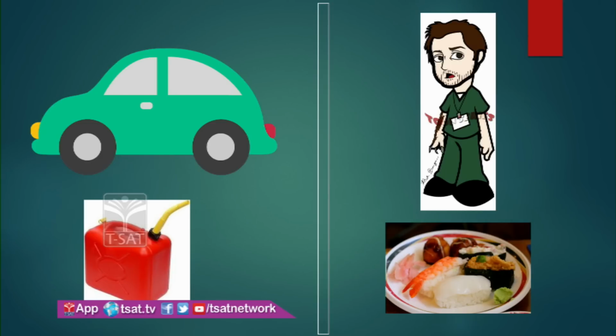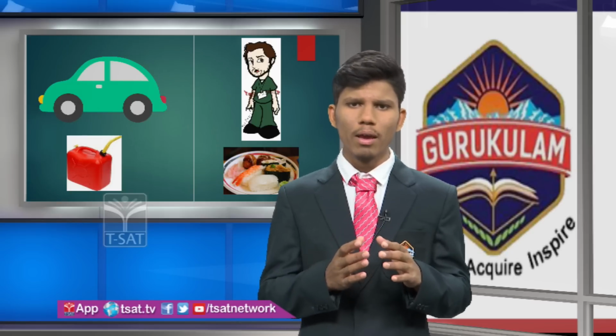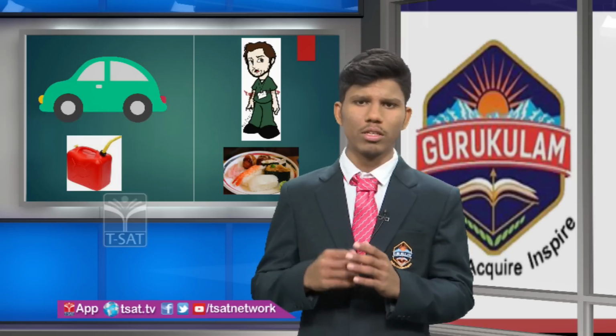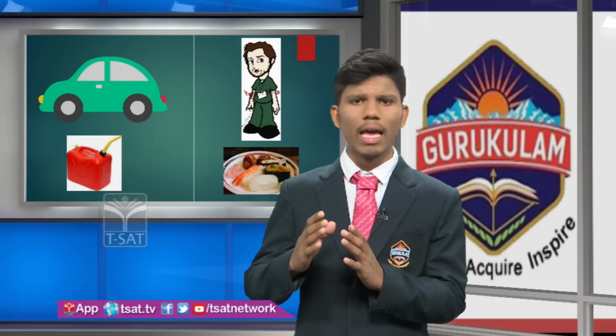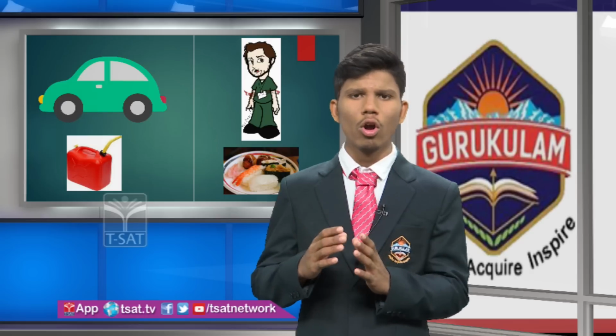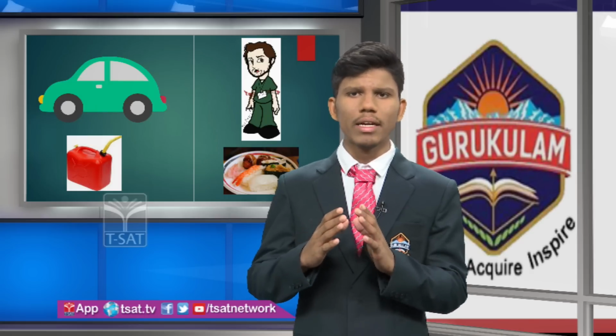Here living things are plants, animals and humans. They require nutrients, food and energy to perform some activities. But non-living things don't require any nutrients, food or energy because they don't have any self movements.